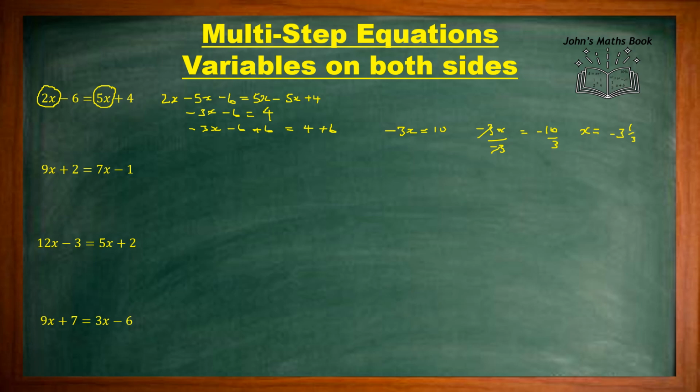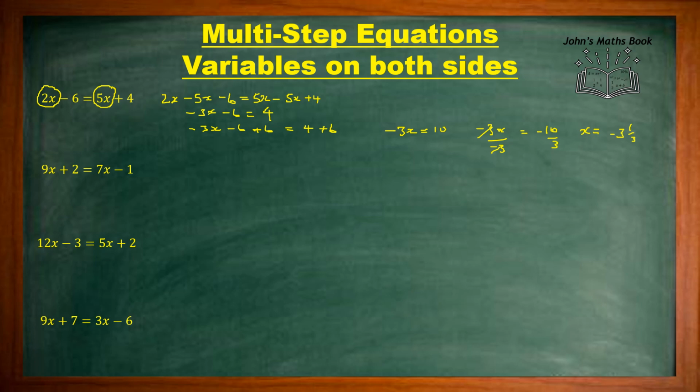For example 2, let's look at 9x plus 2 equals 7x minus 1. The first thing we do as normal is to isolate one of the x variables on one side of the equation. So let's isolate the 9x. To do that, we need to subtract 7x from both sides of the equation.